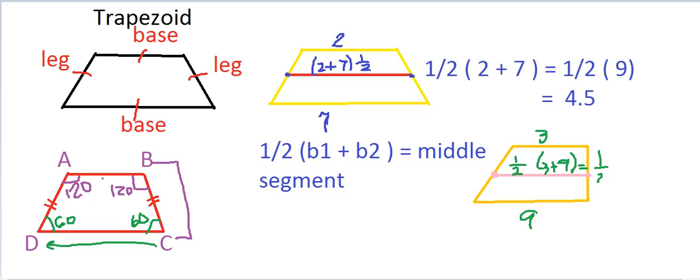This is 12. Now, how much is half of 12? This is 6. Therefore, the measure of the middle segment is 6.